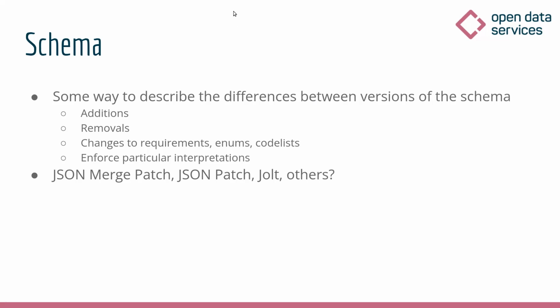Some are much more declarative. Think of them as more like the Clojure of this, like they describe the differences, and it's an exercise for the user or the machine to apply those changes. Which of those is used, which is most relevant, I'm not going to form an opinion on right now, but there's a bunch of technology there that exists for this.